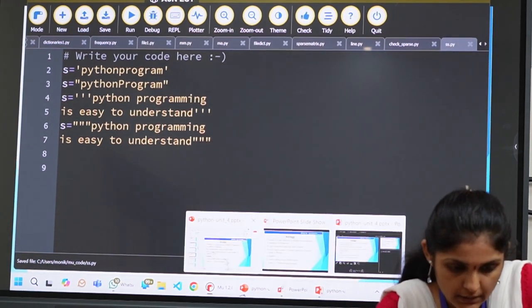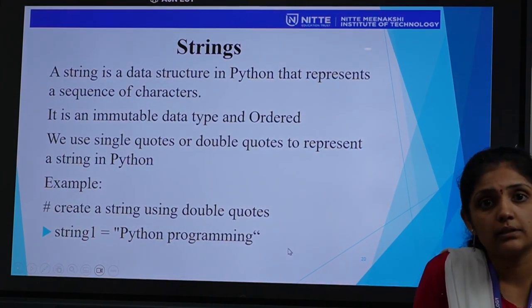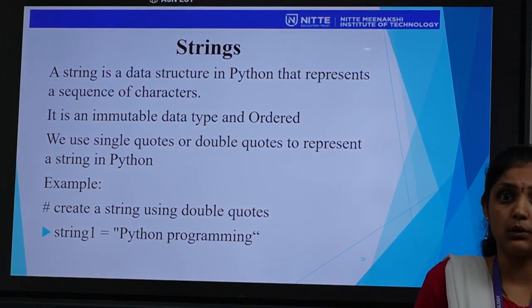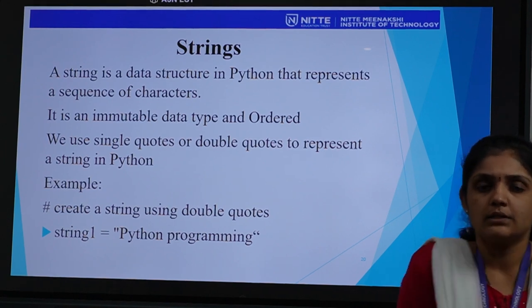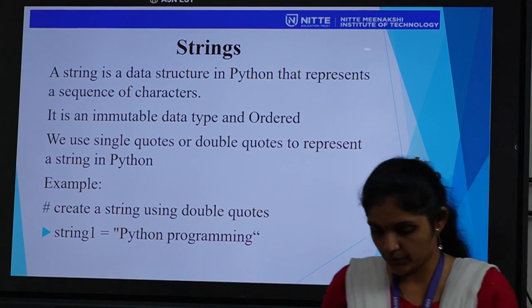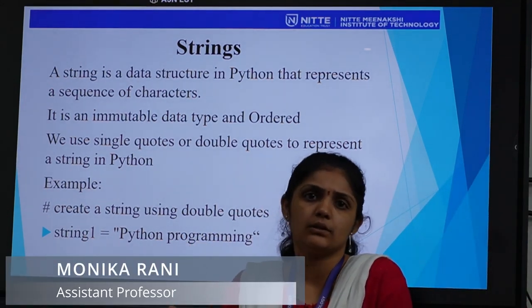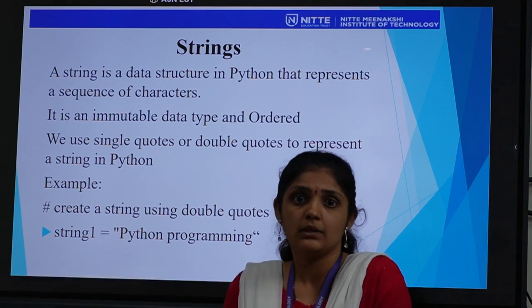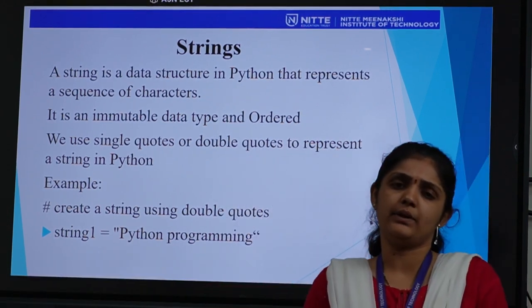So a string is a sequence of characters. Now you know how to create a string, using a single quote, a double quote, and a multi-line string. So why is string very important? Suppose you are going to create a bank account. In a bank you will get an application, either you fill an online application or an offline application. What are the fields you generally find in the application form?